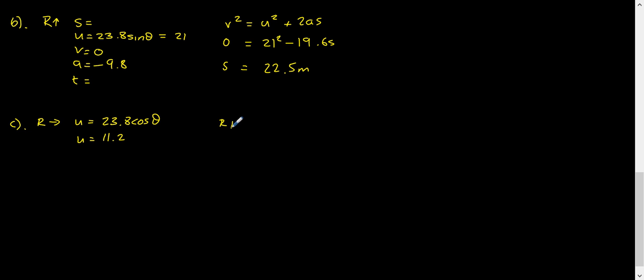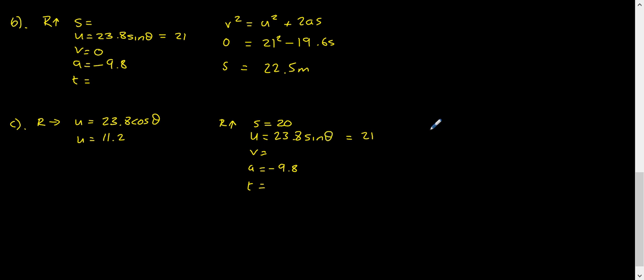Then we need to know the vertical component of this velocity, and to do that, again, we're going to use SUVAT. So this time our s is 20 meters because the particle is 20 meters above ground. Our u is 23.8 multiplied by sine theta, which as we saw before was 21. Our v is what we're trying to work out, and our a is minus 9.8.